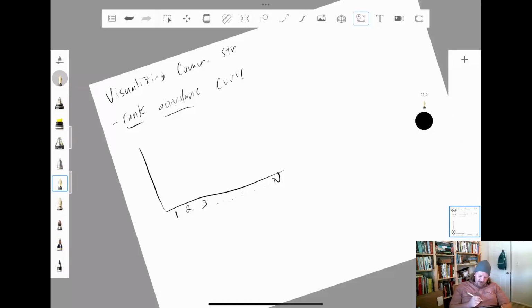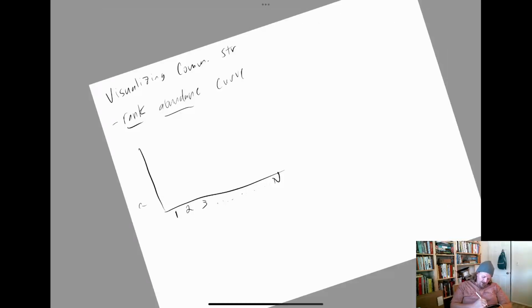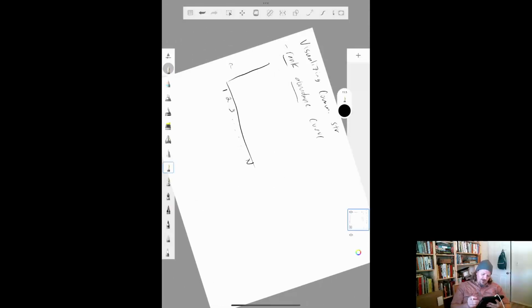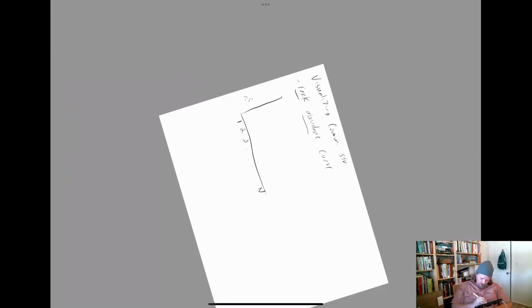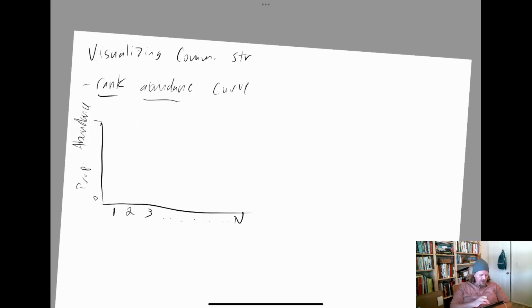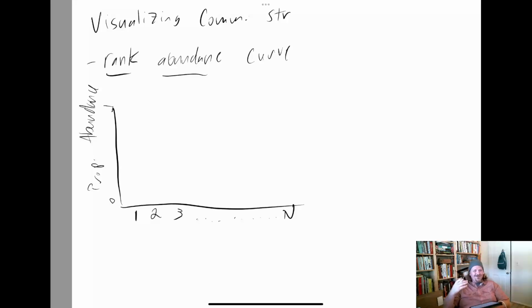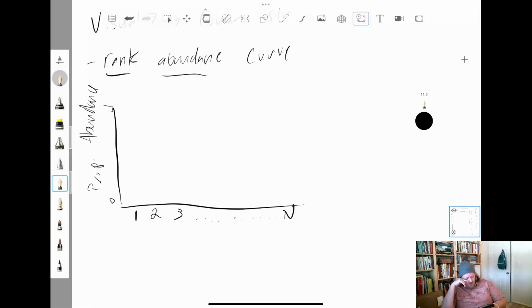And then on the y-axis, you have proportional abundance. And so this ranges from 0 to 1, right? If it's 1, that means that species is all of the organisms in a community. If it's 0, it means that species is none of the organisms in a community, right?